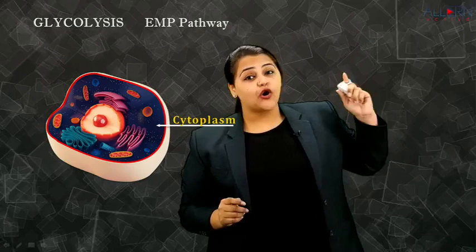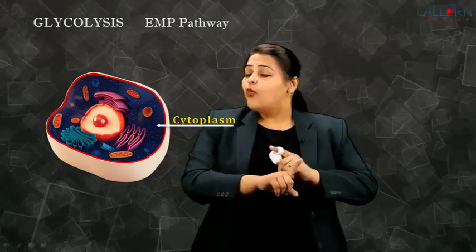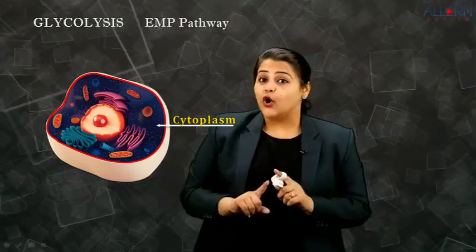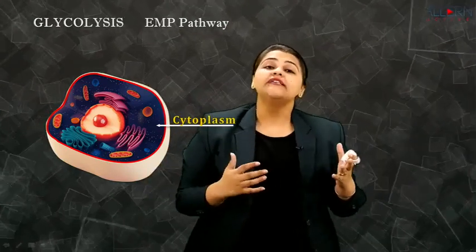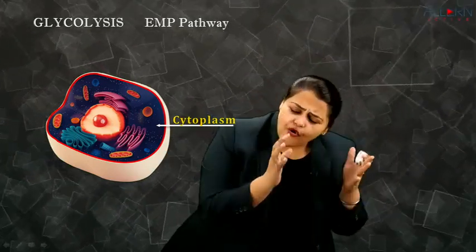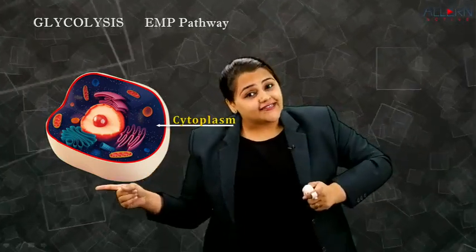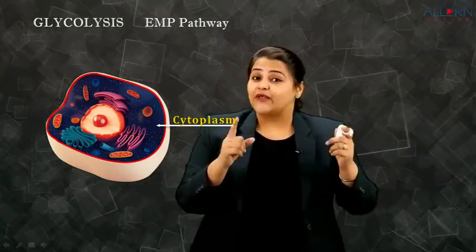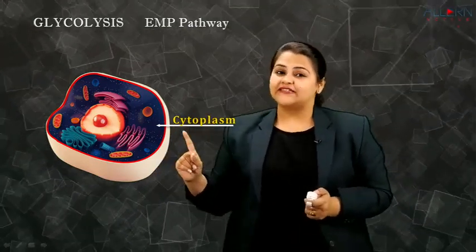Amino acids from the proteins and fatty acids from the fats will never ever undergo glycolysis. Why? Because glycolysis is a process in which only and only the glucose molecule is oxidized. And where is it oxidized? Inside the cytoplasm of the cell.